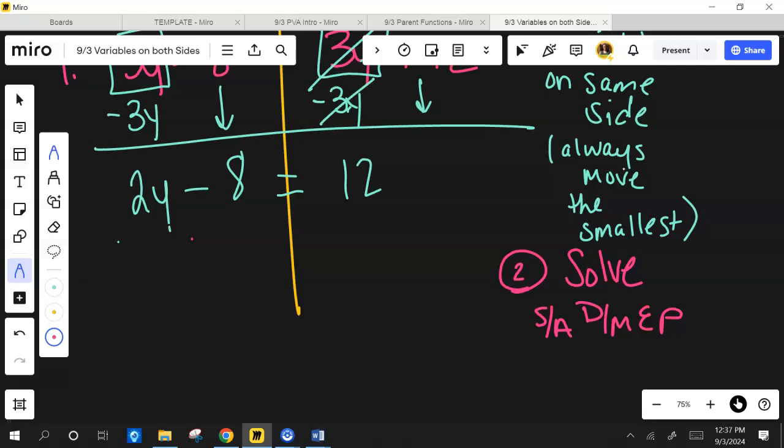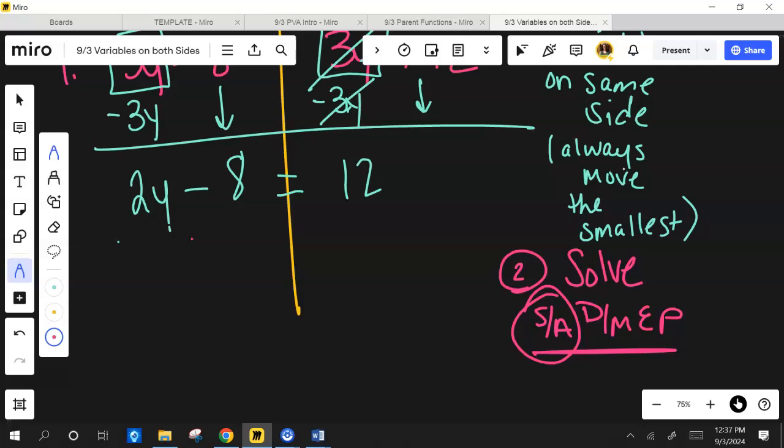Samik, what do you see that's being done to the variable y that I need to do first? If I'm doing this order, what comes first, Samik? What's this stand for? What's the A and the S stand for?